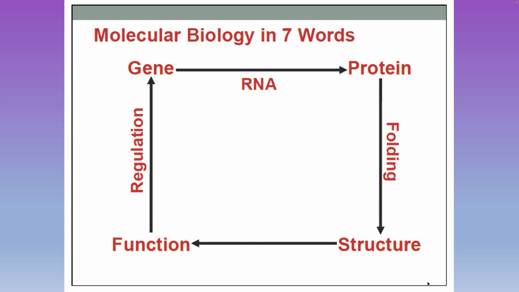Those proteins are then folded. We end up with three-dimensional structures, and then based upon their forms, they're going to provide certain function. And in turn, often those functional components will be regulating which genes are actually going to be expressed. Well, when we're looking at transcriptomics, we're specifically focusing in on the patterns associated with the RNA that are being transcribed.